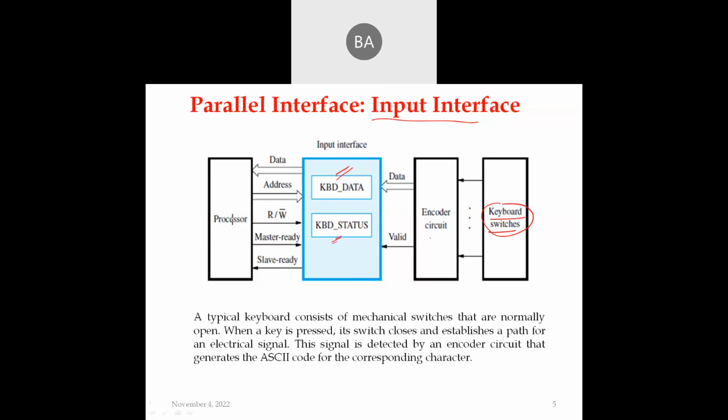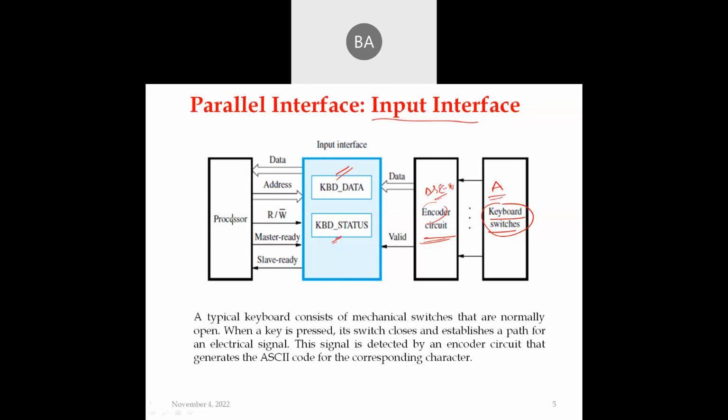And there is an encoder circuit used for whatever key we are pressing on the keyboard. For example, if you press a capital key, it has to be converted into its equivalent ASCII code, and that is done by this encoder circuit. A typical keyboard consists of mechanical switches that are normally open.